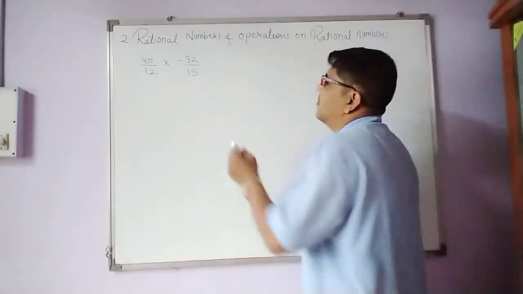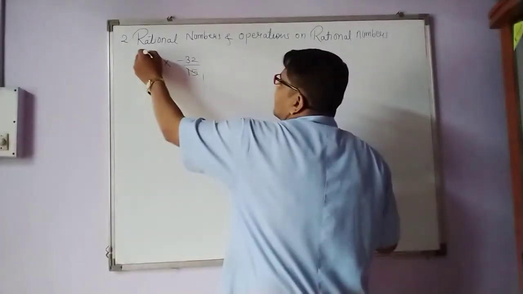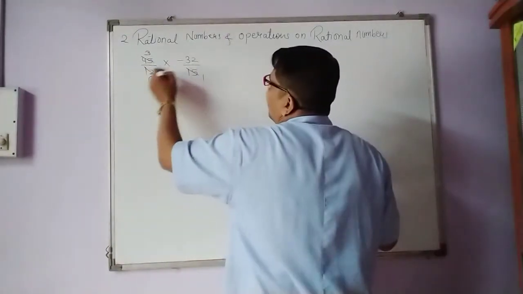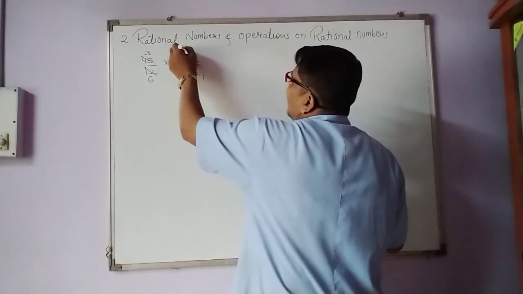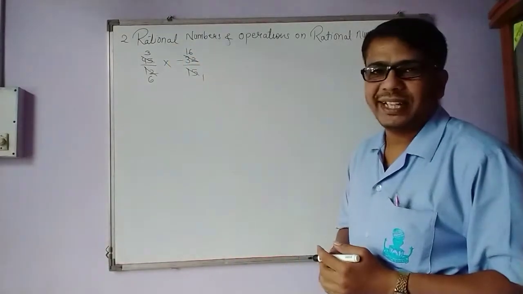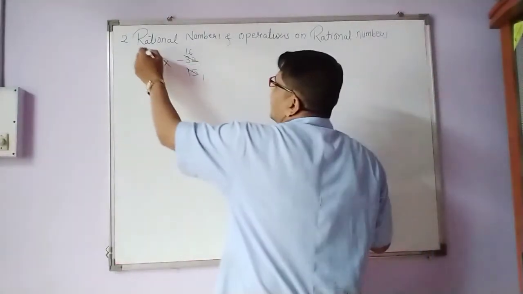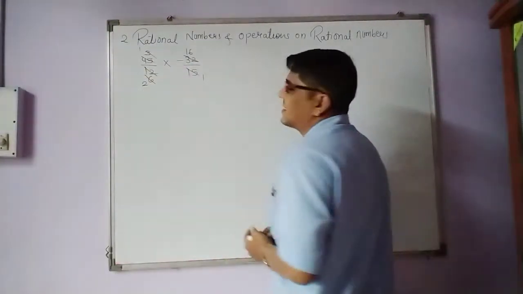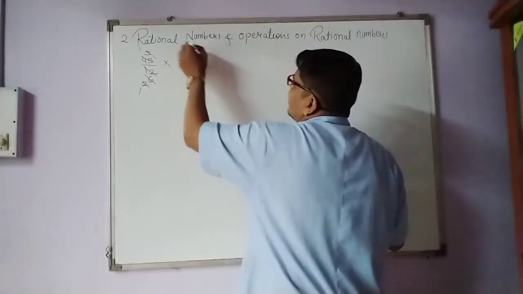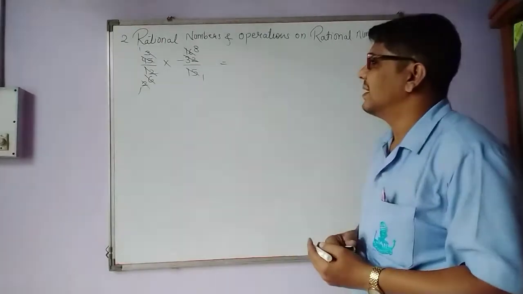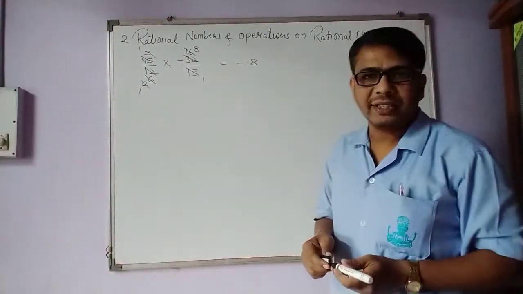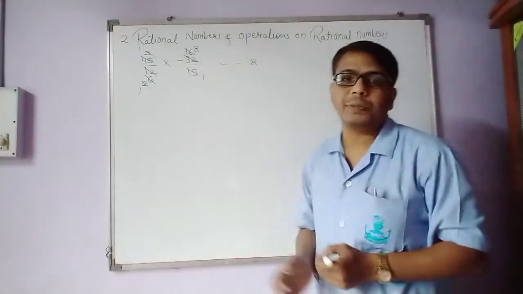So for example, 15 ones are 15, 15 3s are 45, right? 2 6s are 12, 2 16s are 32, right? Again, 3 1s are 3, 3 2s are 6, and 2 1s are 2, 2 8s are 16. And so the answer is minus 8. Do you understand? So in this way the multiplication has to be done.